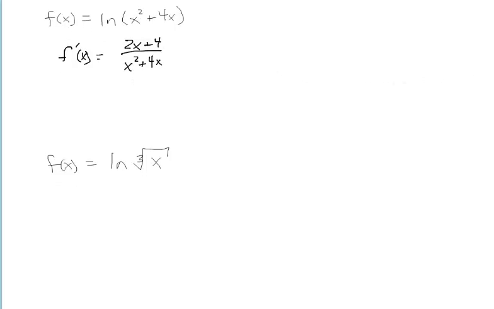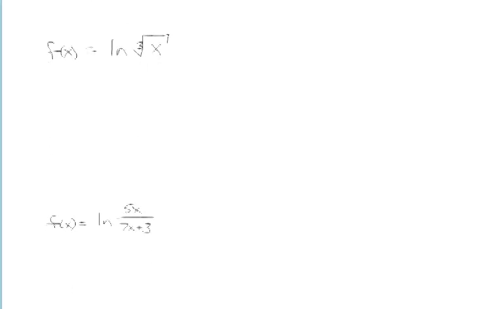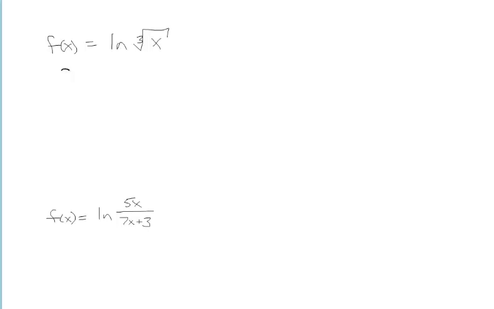In this next one, first thing I'm going to do is rewrite it and get rid of the roots just like we did in previous videos. So I'm going to say f of x is equal to ln of x to the 1/3. And then if you notice, this was one of the properties that we had, so I'm going to use that property and rewrite it one more time before I take the derivative.